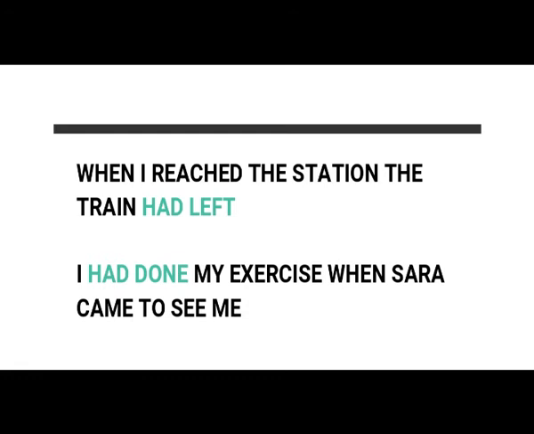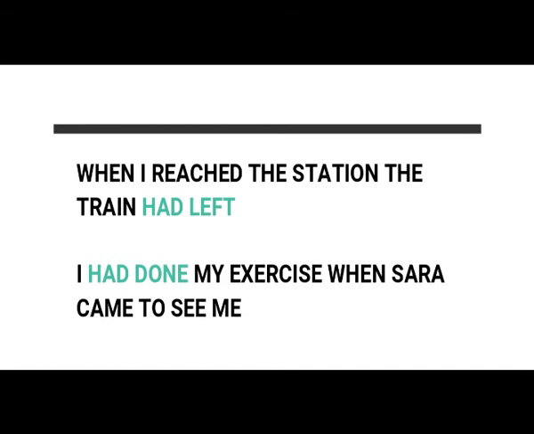If you see the example, what is the first past action? Which action completed first? I reached the station or the train had left? Definitely, first the train left and then I reached the station.